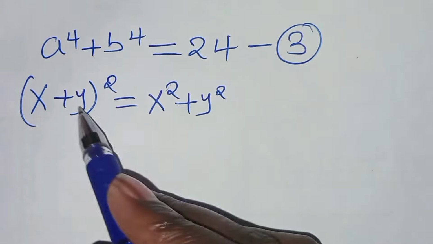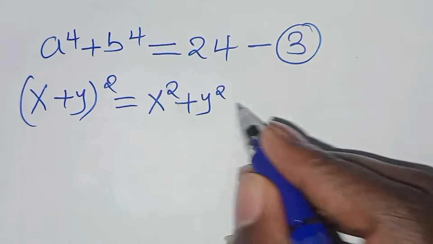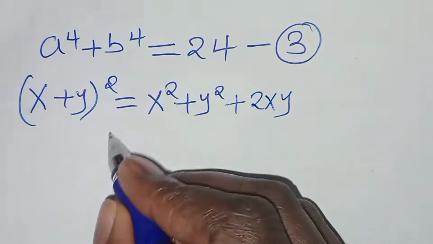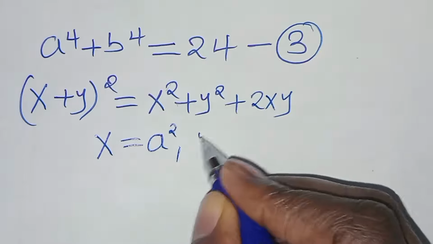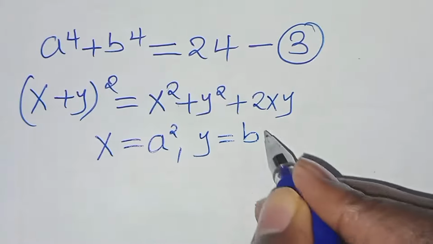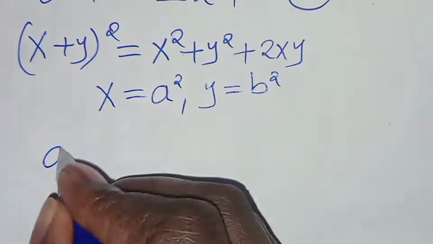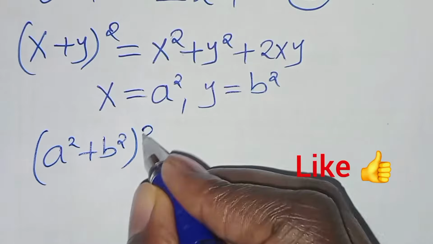Now, given that x plus y squared is the same thing as x squared plus y squared plus 2xy, where x is the same thing as a squared and y is the same thing as b squared. Substituting this, we'll have a squared plus b squared, everything squared.